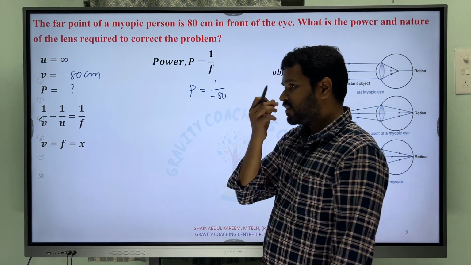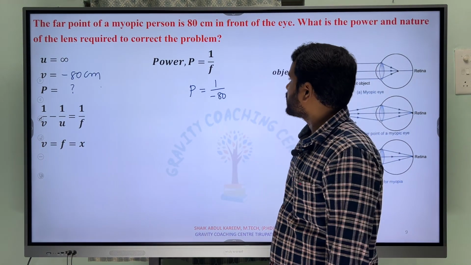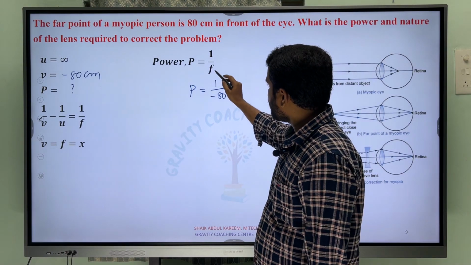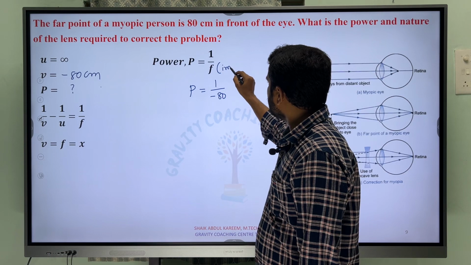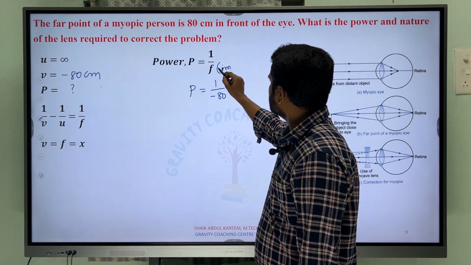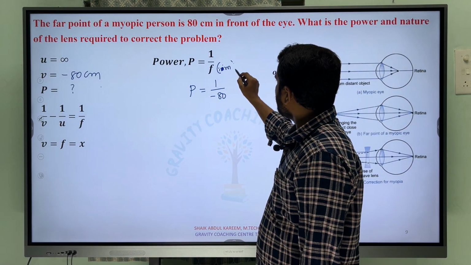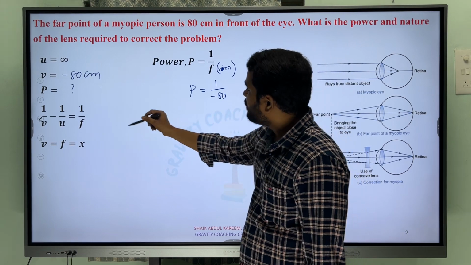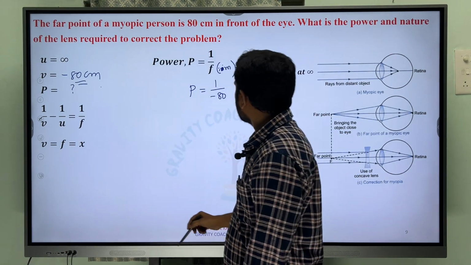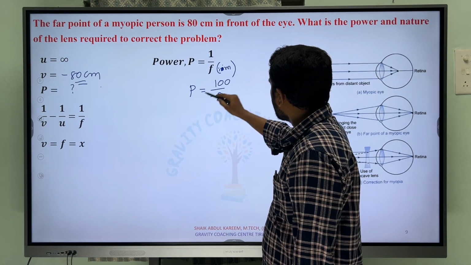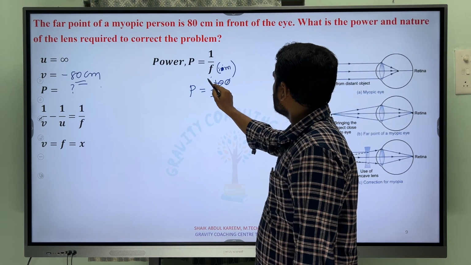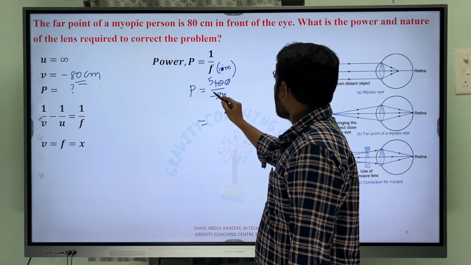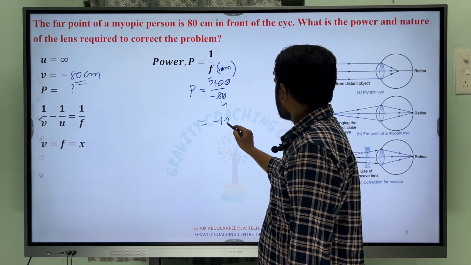But here, this is where students make a mistake. See, power is equal to 1 by f when f is in meters. When f is in meters. But here f is in centimeters. So we have to put here 100. 0 to 4s are 8, 2 5s are 10, right? Minus 1.25.